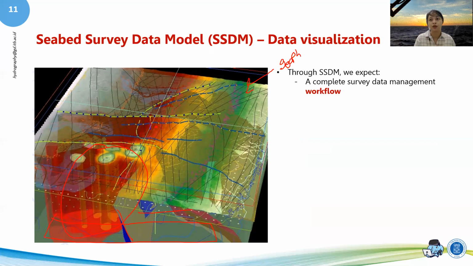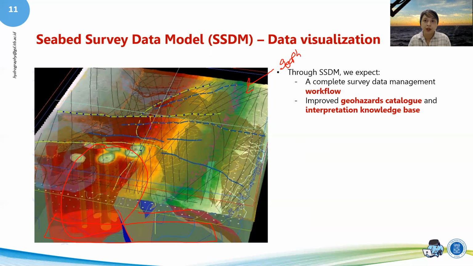So you know what to do one by one, like what you do first, and then afterwards what you're going to do. And we're going to talk about the workflow after this. And then you will have an improved geohazard catalog and interpretation knowledge base. So basically, you want to transfer your knowledge to another user, okay? SSDM will make it easier for the user to read what you have done and what you have actually interpreted from the data.